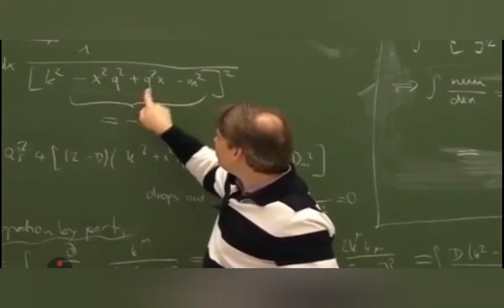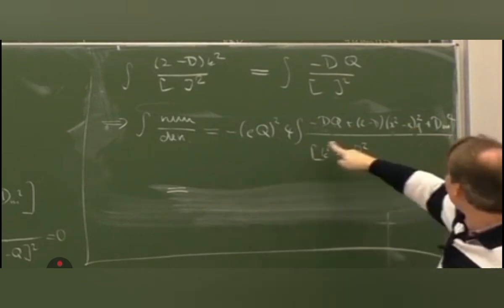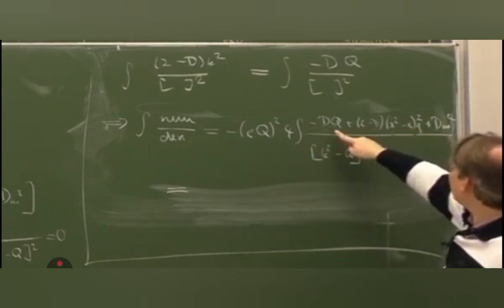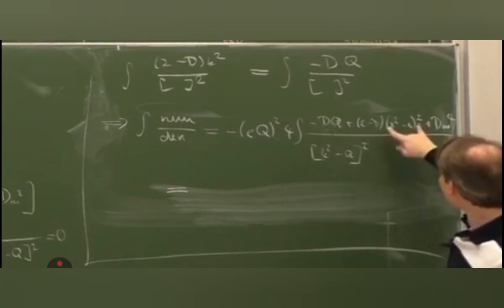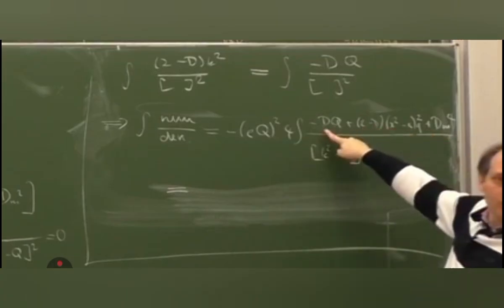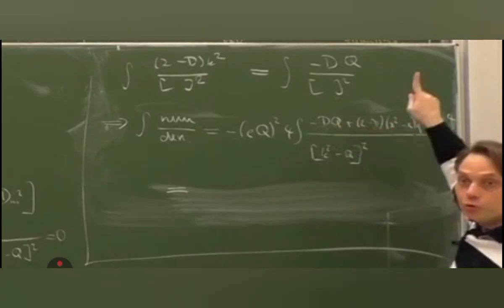Then what remains here in the minus q is just that: minus x square q square plus x q square. That is the same structure as here, but with a prefactor minus and minus 2 minus, so minus d. So therefore we get this term times 2 minus d minus another d gives that term times 2 minus 2d. That's all.